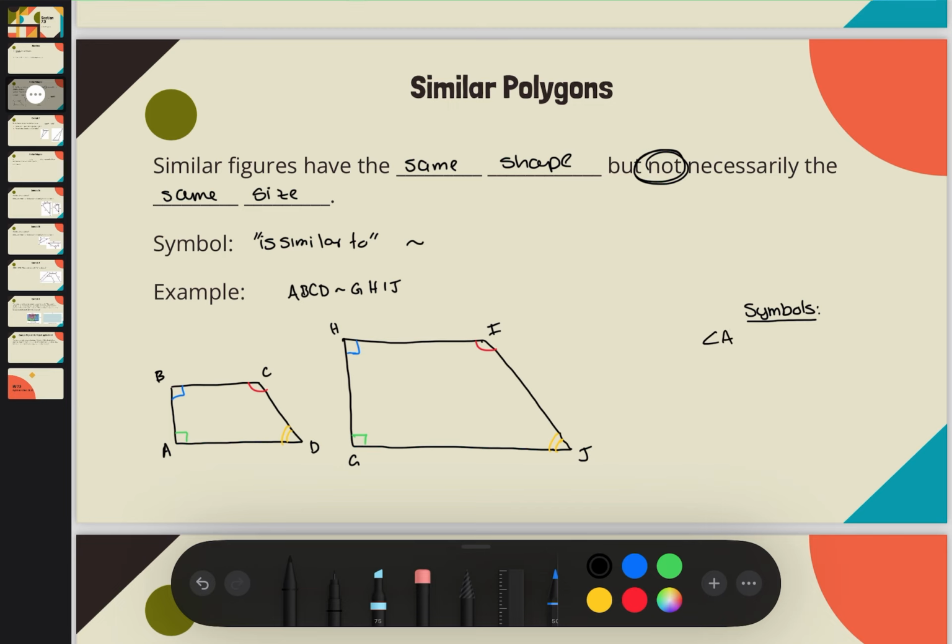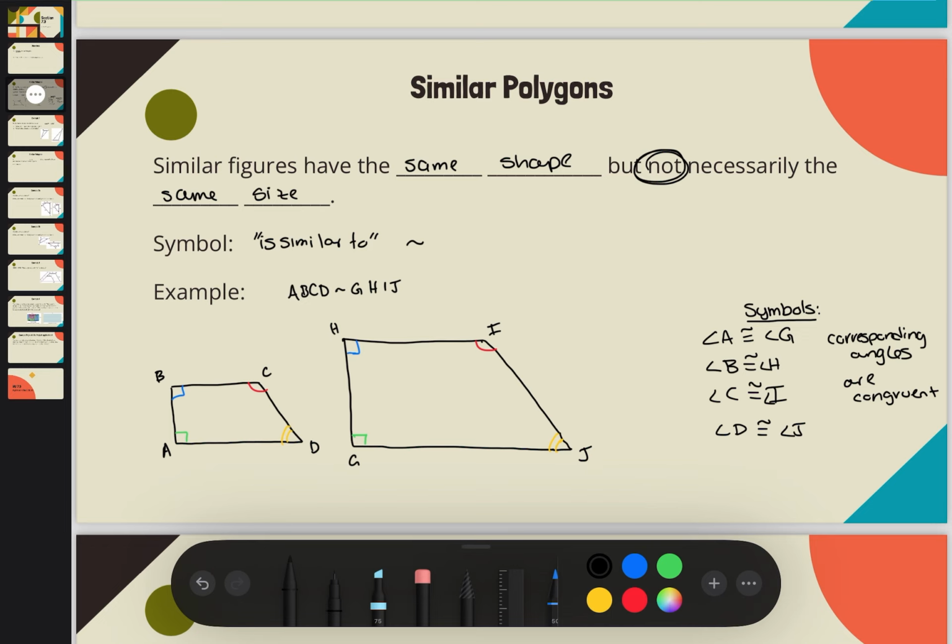So I can say that angle A is congruent to angle G. I can say that angle B is congruent to angle H. I can say angle C is congruent to angle I, whoops, forgot the angles. And angle D is congruent to angle J. So corresponding angles in similar polygons are congruent, and you guys have heard that word corresponding a lot.